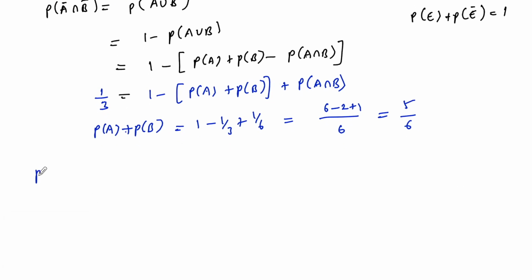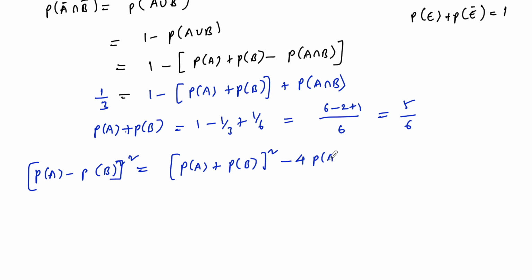And now let us consider P of A minus P of B whole square is equal to P of A plus P of B whole square minus 4 times P of A into P of B, by using the property that a minus b whole square is equal to a plus b whole square minus 4ab.